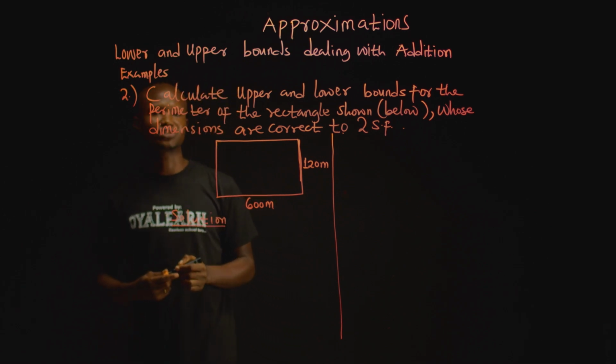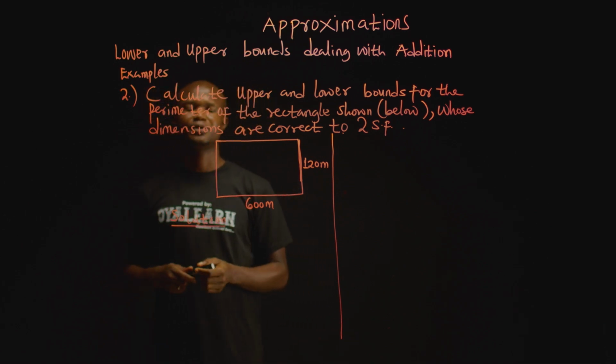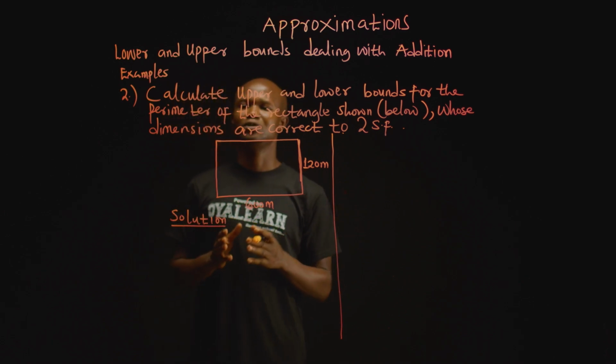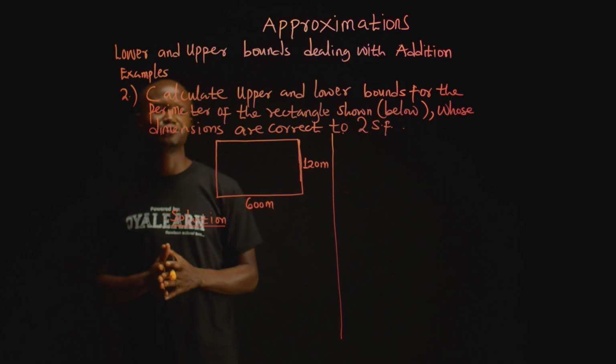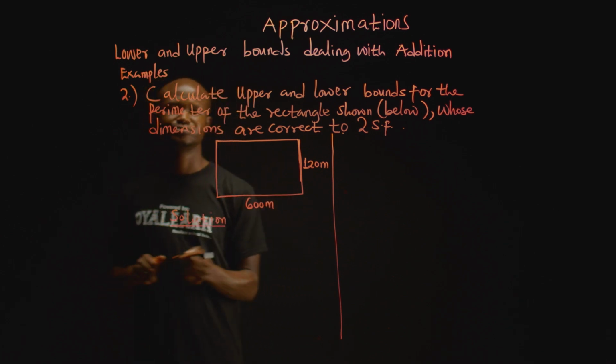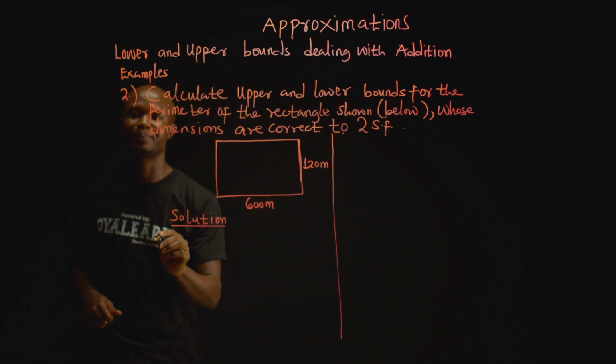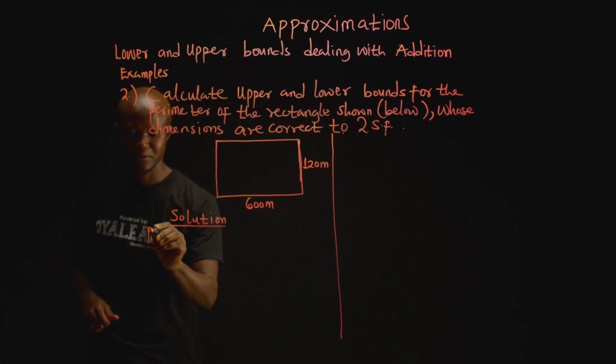Now looking at the question, we want to find the lower bound and upper bound for the perimeter of this rectangle. So the first thing is to write out the perimeter of a rectangle.